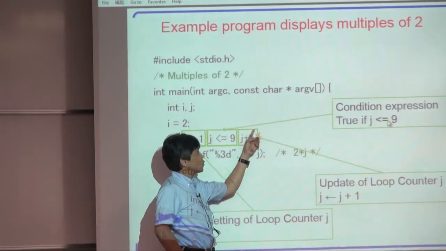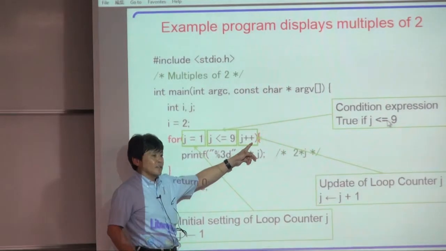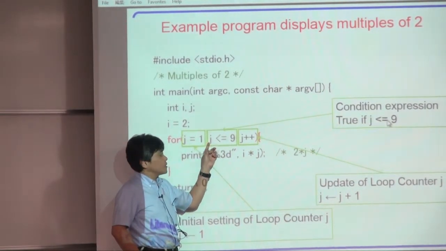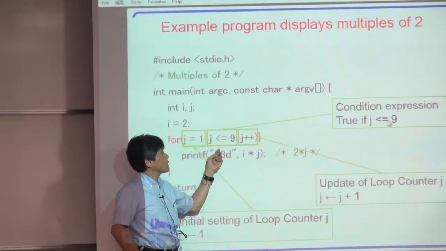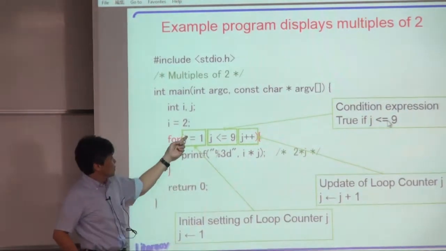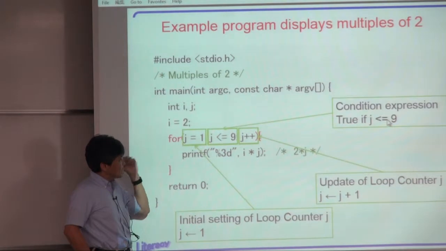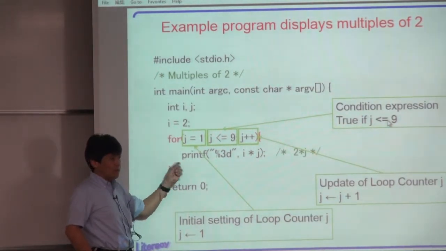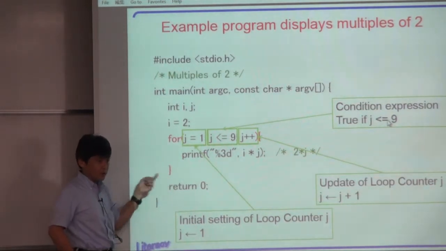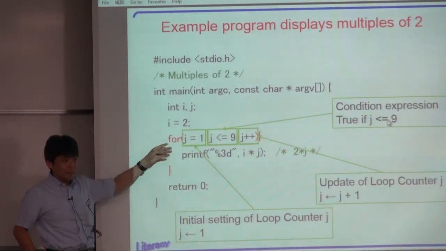Using this operator, j becomes 10. Then, as I explained, this part will be evaluated. In this case, j is 10, so this condition becomes false. So the execution flow exits from this for loop. Okay, can you understand? Not difficult.